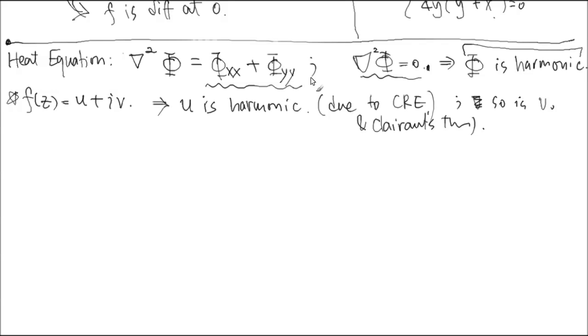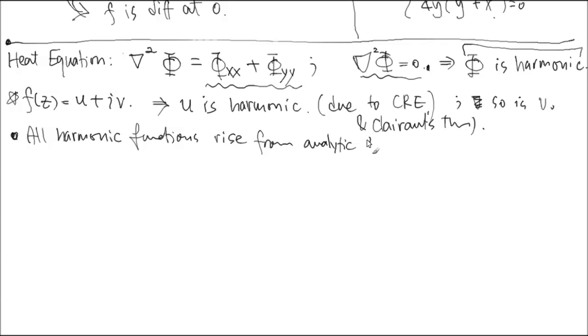It's quite interesting. So I'm stating here all harmonic functions arise from where? Analytic functions. And this again explains how complex numbers are closely tied to the nature of physics, I think.